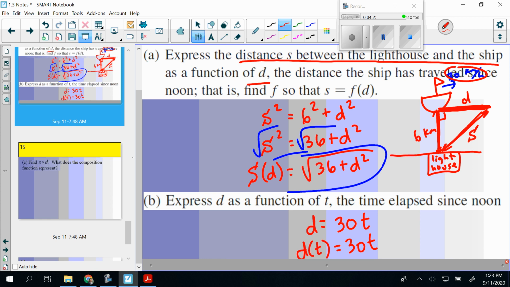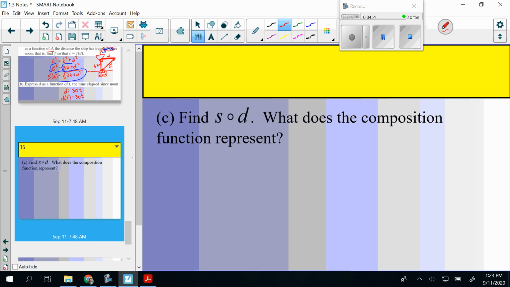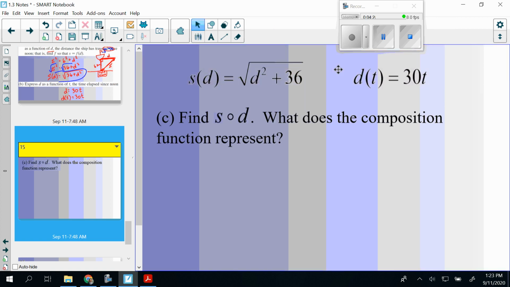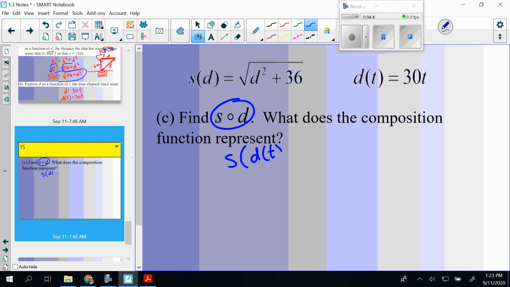All right, last part of this one now. We know those two things are true, that s is a function of d and d is a function of t. What is s composed with d? If we're going to do composition here, we want to take function d, and place it inside s to find the composition.